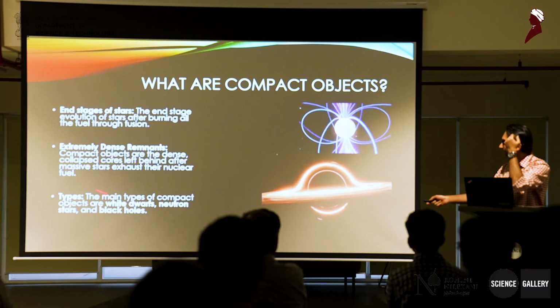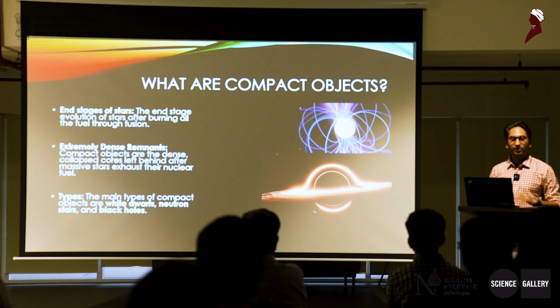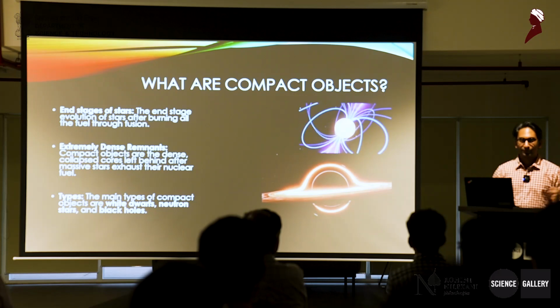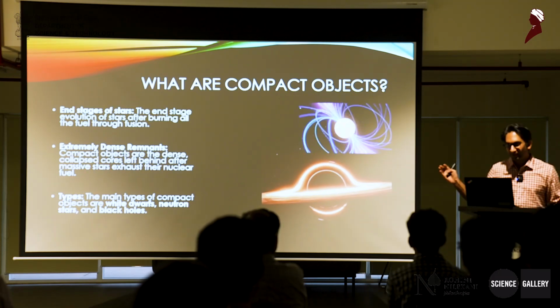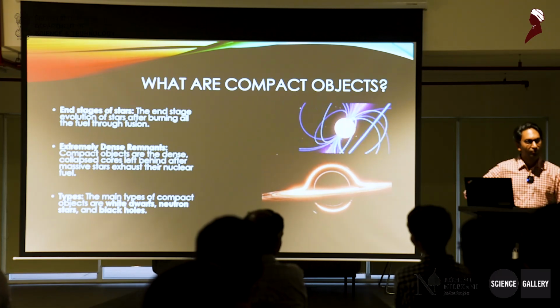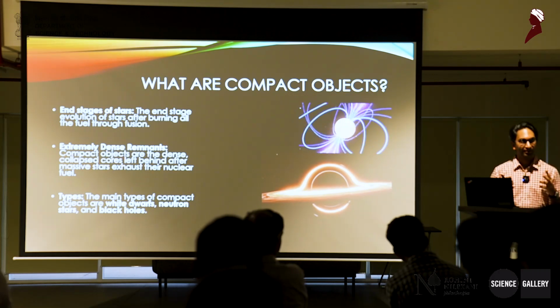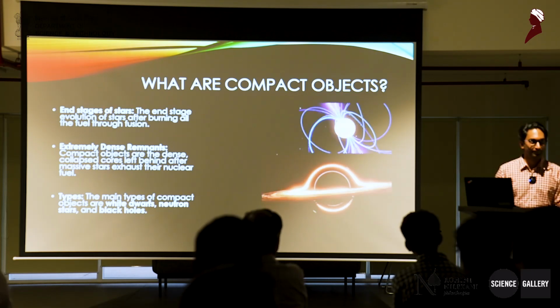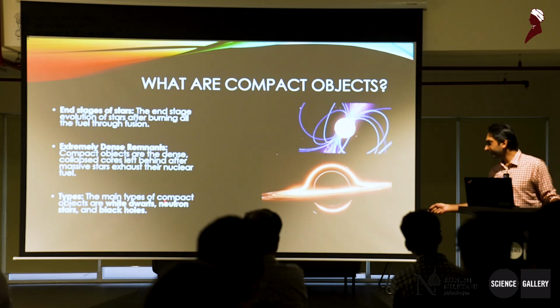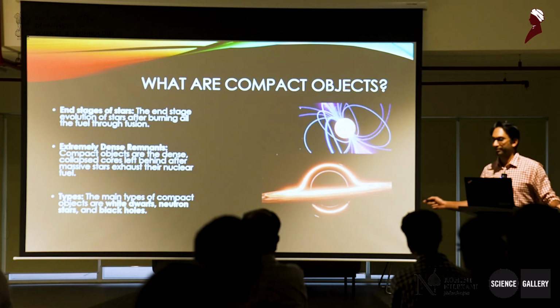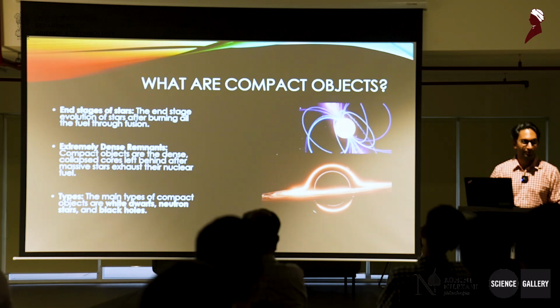These objects have slightly different properties, and where black holes are, you watch movies like Interstellar, the gravity is so strong, even light bends around it, and if it goes through it, probably does not escape. My specific research interest is around neutron stars and how they interact with the matter around.